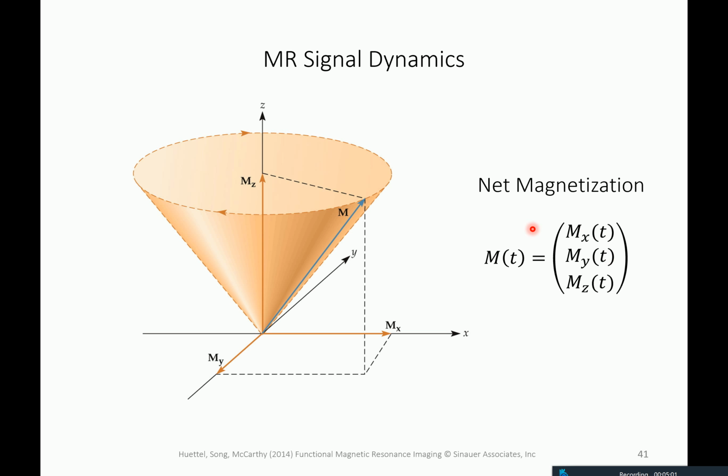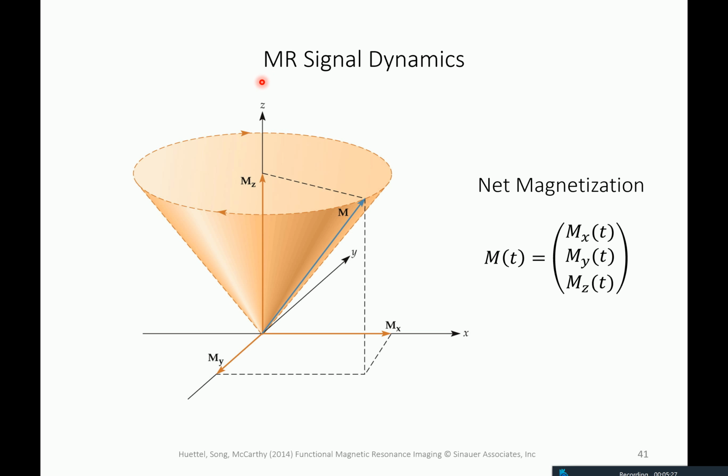What this comes with is a three-dimensional vector. So there is net magnetization in each of the spatial directions, x, y, and z. And the z direction, again, is the direction of the B0 field. So this is where the magnetic field lines of the scanner extend to. And very practically, like I said, it's from the feet to the head.